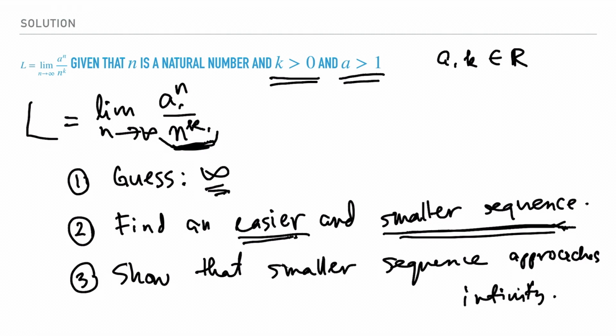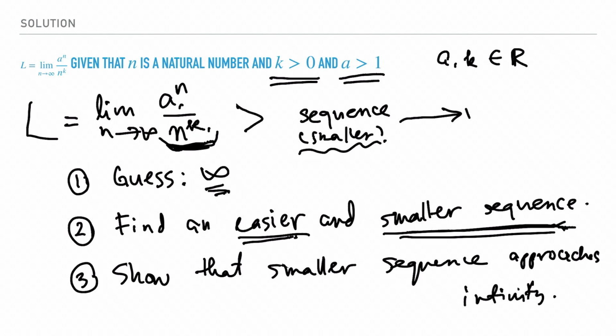So I'm going to look for a sequence that is smaller. So I have a new sequence here, smaller. Then I'm going to show that this sequence actually approaches infinity. And if this smaller sequence approaches infinity, because this left-hand side is greater than the right-hand side, which is infinity, then this left-hand side must also be infinity.